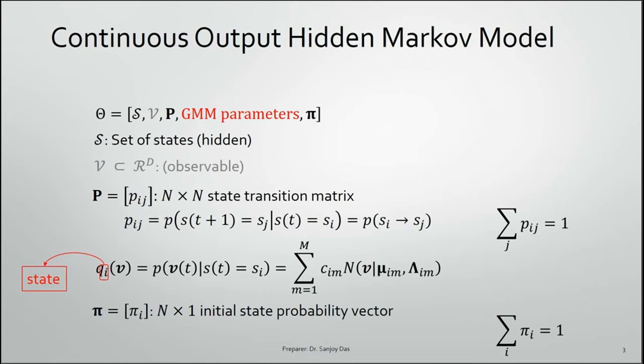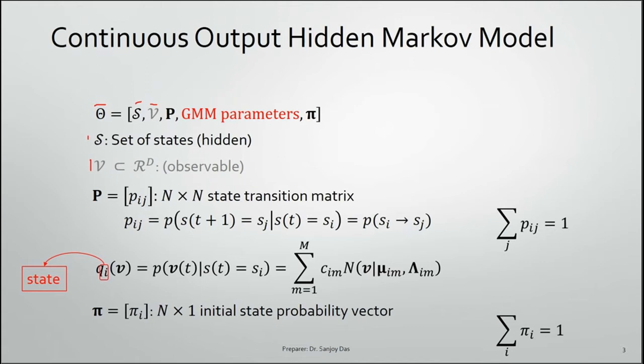So for the continuous output HMM, we define the HMM theta as the set of states, and the set of outputs is going to be quite different. In the discrete output HMM, the set of output symbols was a discrete set, and each output was a discrete symbol, A, B, C, D, and so forth, for example.